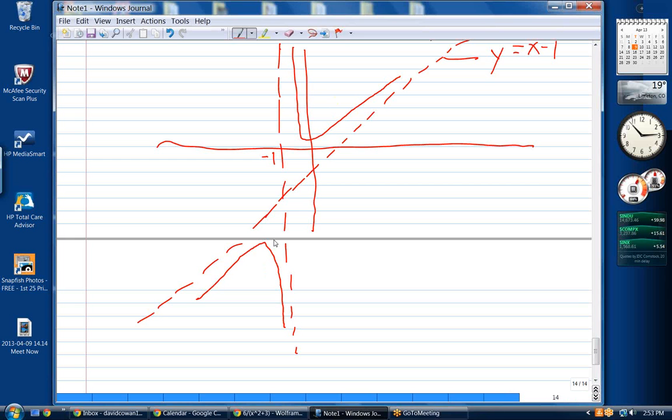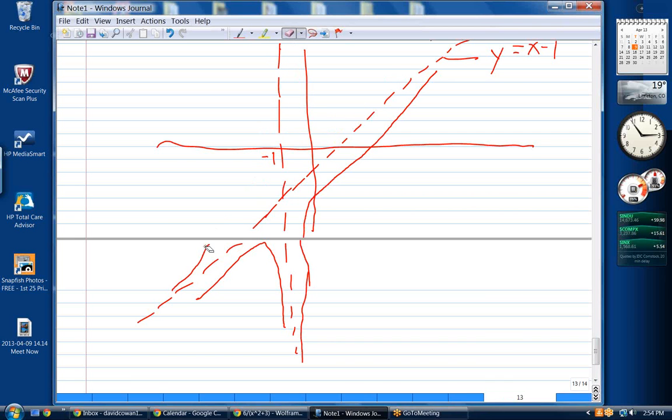Or it can look like this in the second and fourth quadrants, so to speak. So we have to determine which it is. So let's erase those lines I just drew and see if we can figure out where it's at.